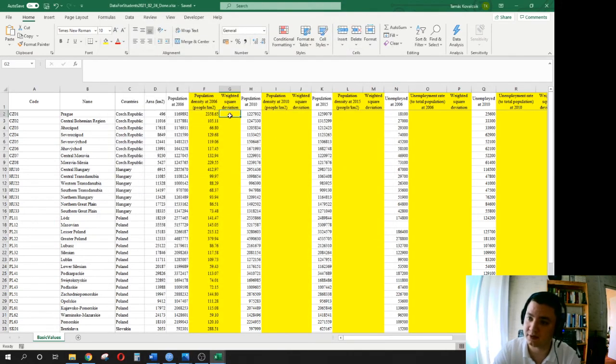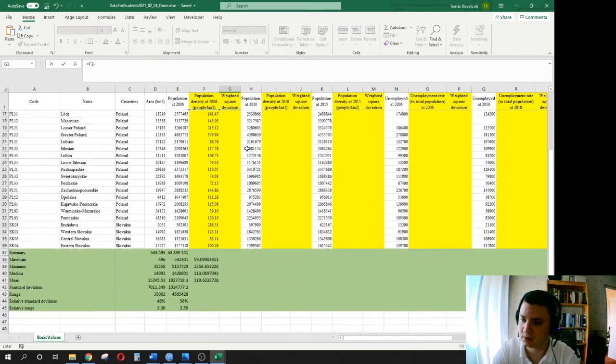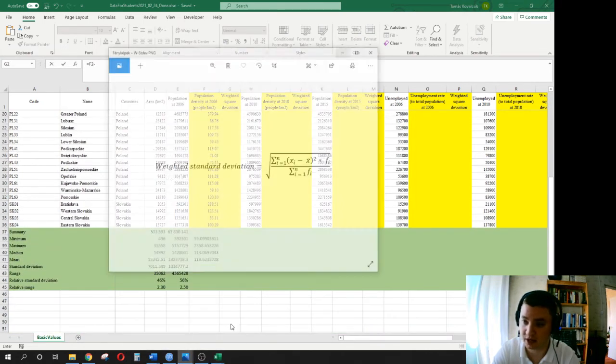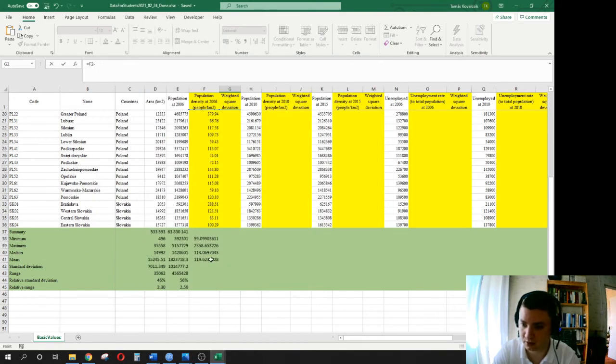So we have to calculate in this cell the weighted square deviation. The population density for all of the regions minus the average, which in this case means the mean.